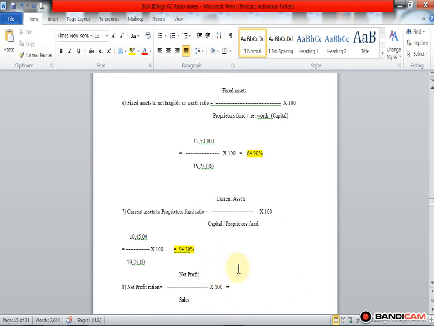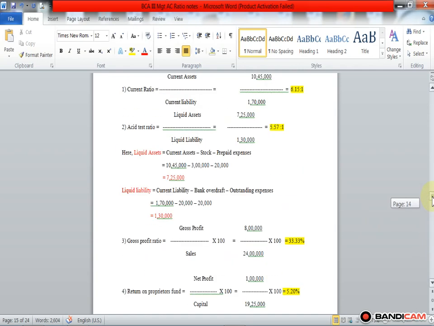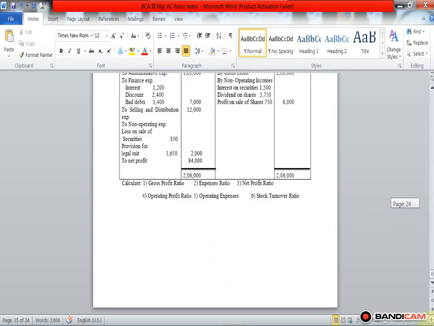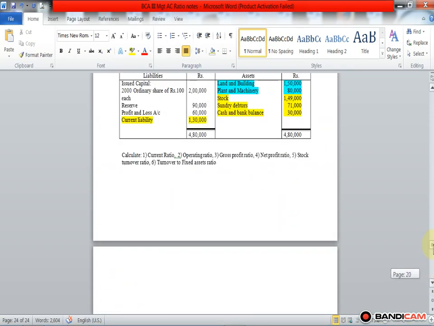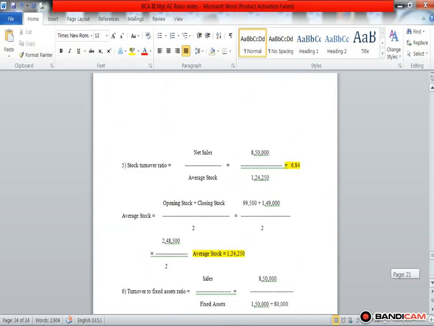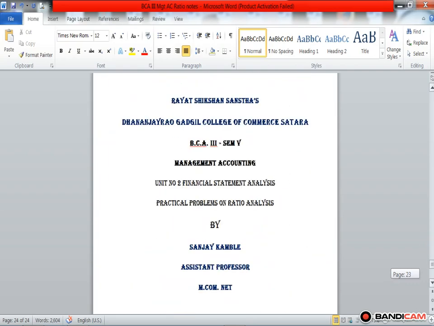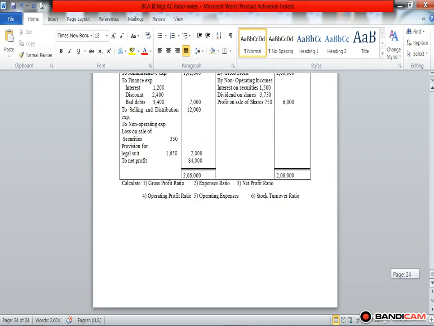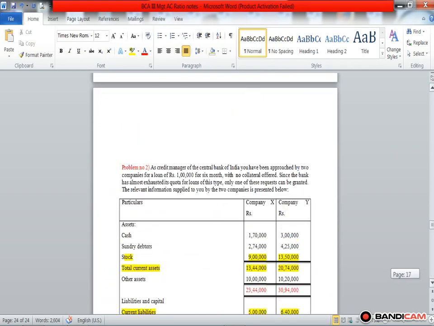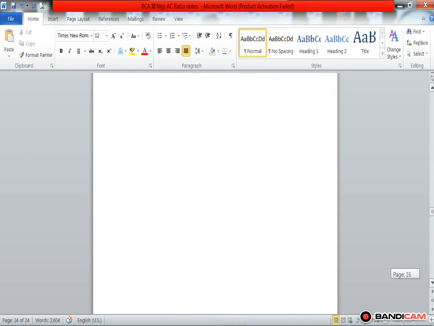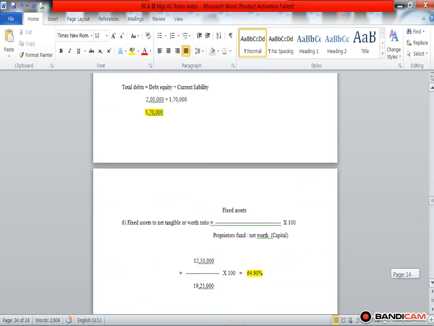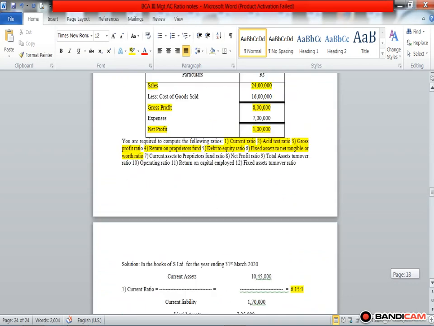Here net profit is 1 lakh. So see the net profit in the problem.